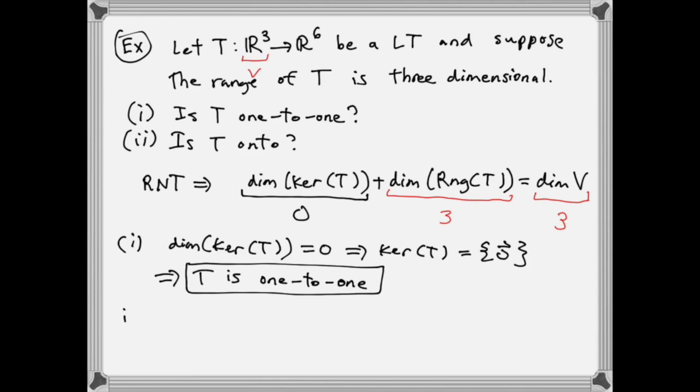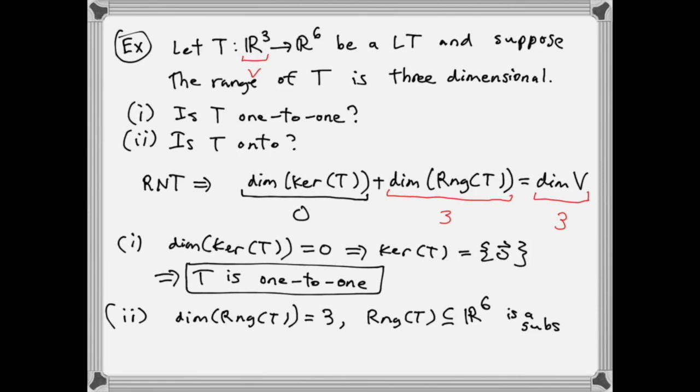Okay, so that is the first part. Let's look at the second part. Is T onto? Well, the dimension of the range of T is equal to 3, and the range of T is a subspace of R6. So what can we conclude from this?